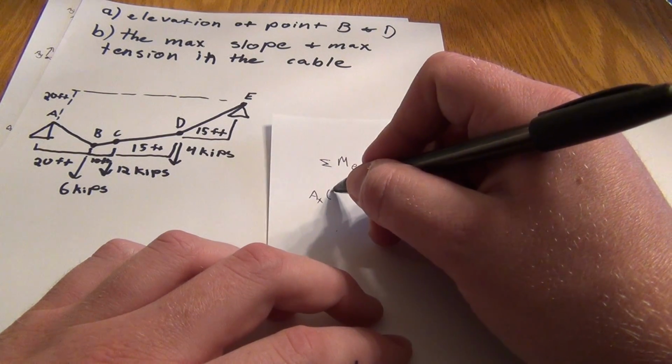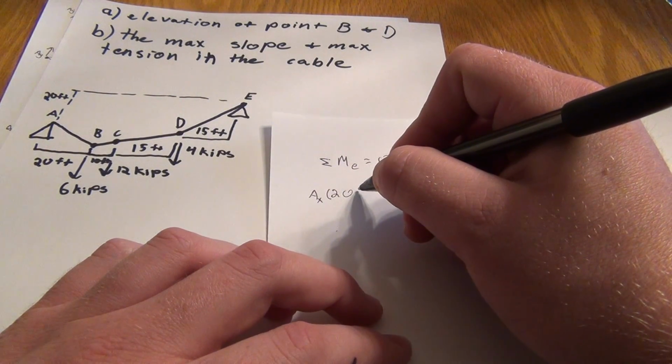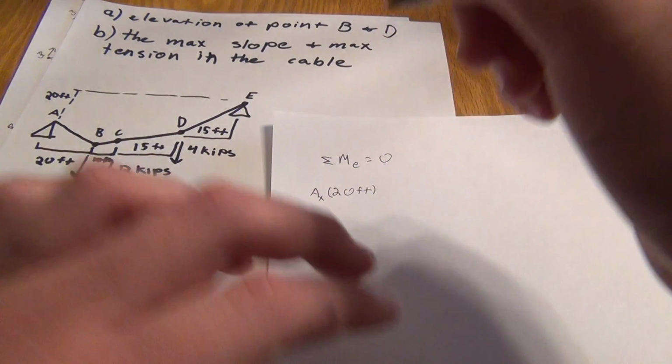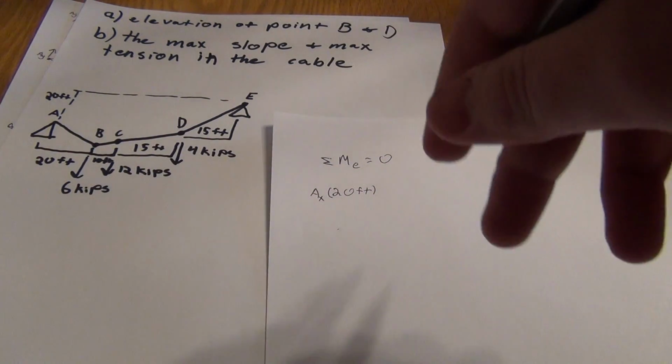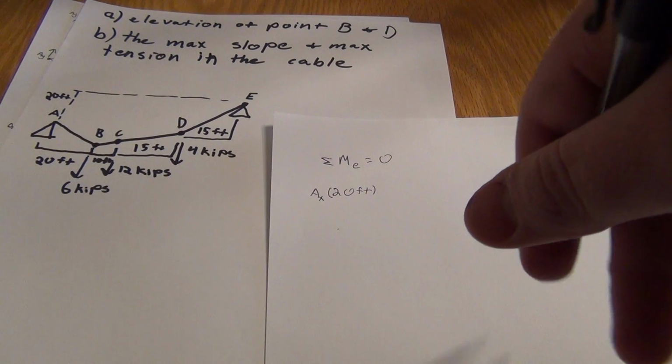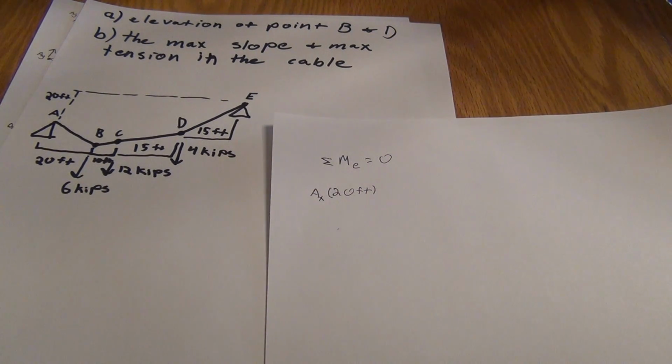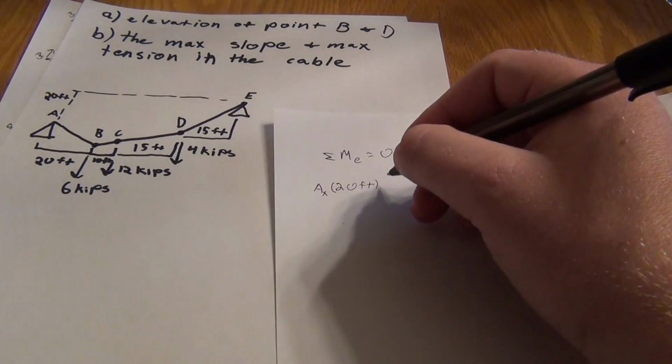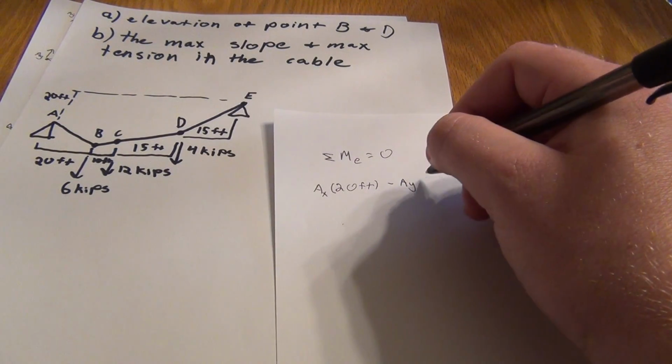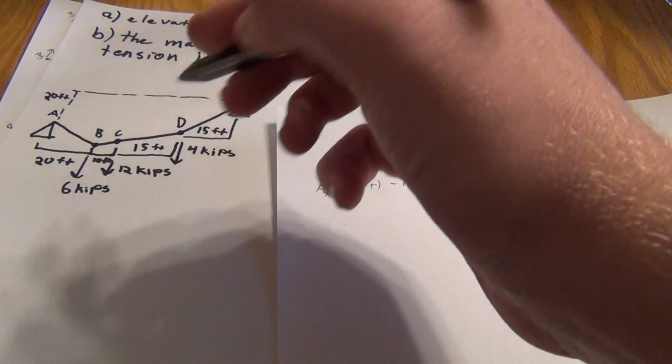So we have a force times a distance, 20 feet, using the right-hand rule, you know it's positive. So AY, what's the horizontal difference? AY is going to be negative, and we add these up, so that's 30, 30, 60 feet.